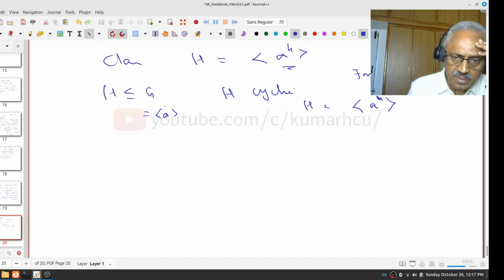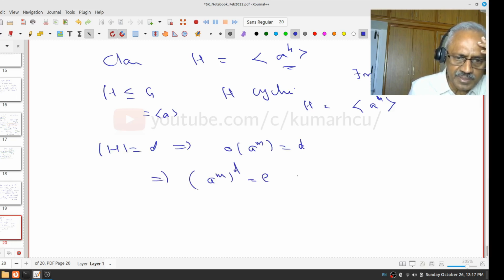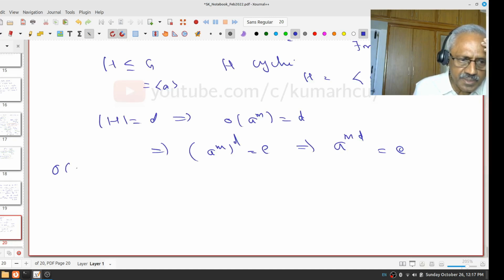Now order of H equal to d implies the order of a to the power m must be equal to d. That implies a to the power m to the power d must be identity, that is a to the power md must be identity. But remember, the order of a is n. That means n must divide md.